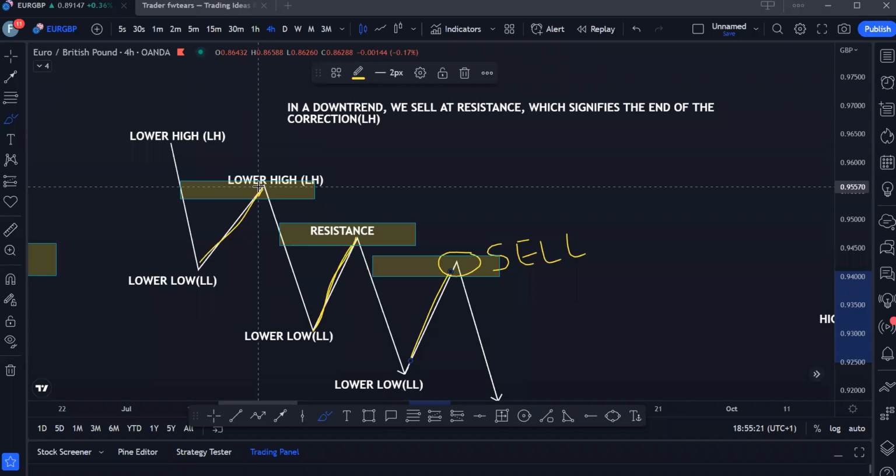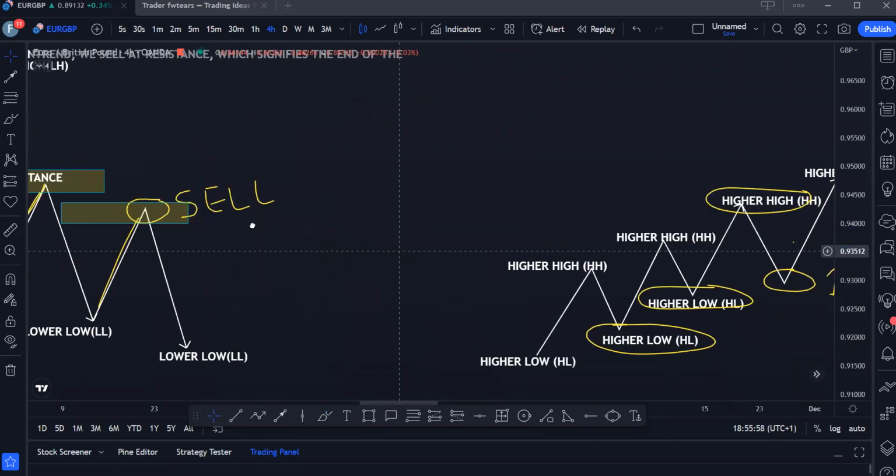So now we want to add more value into the context of resistance. You are only concerned with resistance you find in a downtrend, and you sell at that resistance, because there are times that you might find resistance even in an uptrend, but you want to sell at resistance that is in a downtrend.